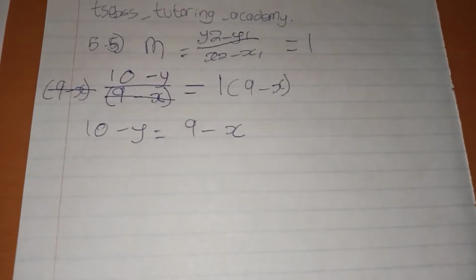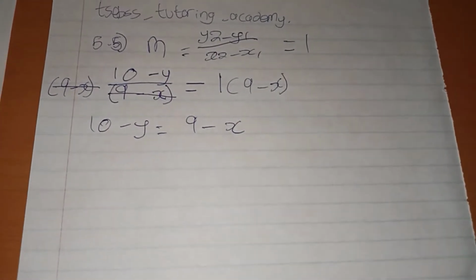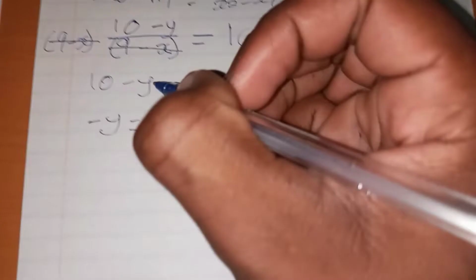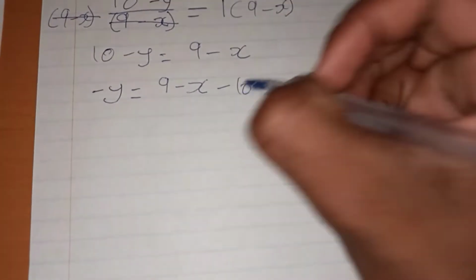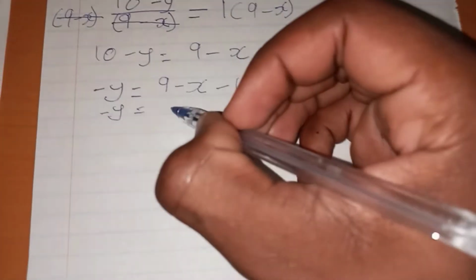From here, what you can see is that we just have to isolate y. And I will tell you the reason why we are isolating y. So we'll have minus y is equal to 9 minus x minus 10, right? So minus y gives us 9 minus 10, which is negative 1, minus x.